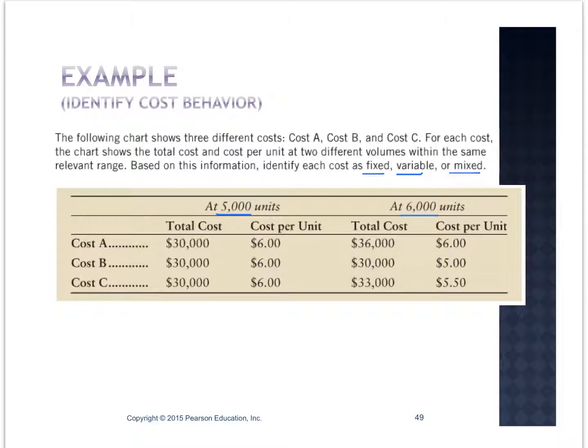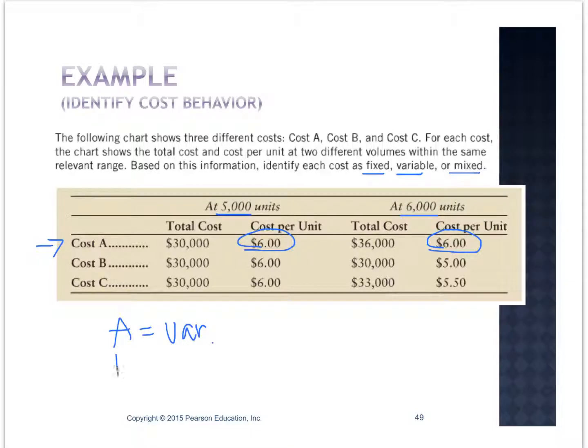So let's look at cost A. At 5,000 units, total cost is $30,000 or $6 per unit. However, at 6,000 units, the cost per unit is still $6 per unit and total cost is $36,000. Since these are still the same, this is a variable cost.